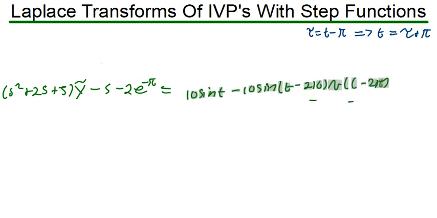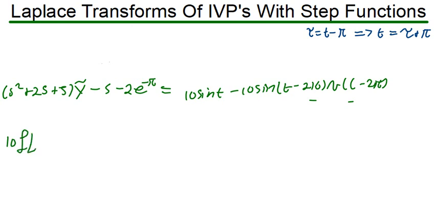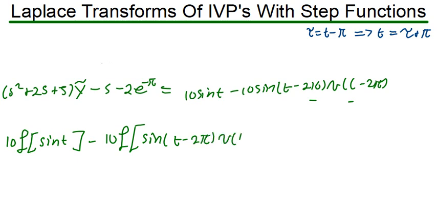So here we have ended up with that. You can plug it right there, but before we do that, let me find the Laplace transform of it. The Laplace transform of this: your 10 multiplied by the Laplace transform of sine t, then minus 10 multiplied by the Laplace transform of sine(t minus 2 pi) u(t minus 2 pi). For the first part, it's straightforward: that's just 10 over s squared plus 1.